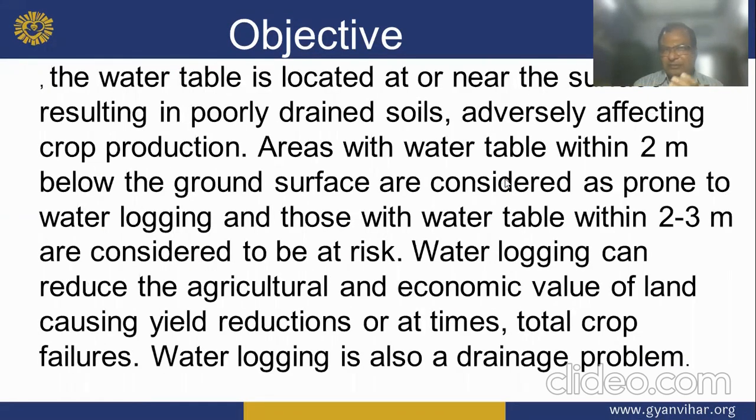Now the water table is located at or near the surface, resulting in poorly drained soil and adversely affecting crop production.